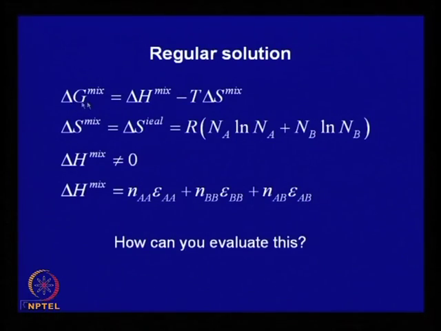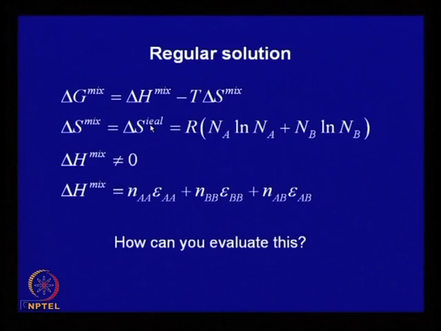This is the general expression for free energy of mixing. You have an enthalpy term, you have an entropy term, T delta S is the entropy. And for a regular solution, the assumption is the entropy of mixing is the same as the entropy of mixing in an ideal solution.